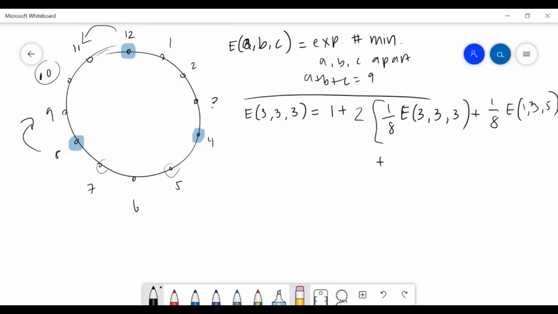So that would be plus 2/8 of 135, which is 3/8 total.